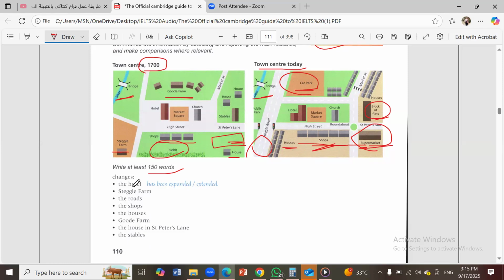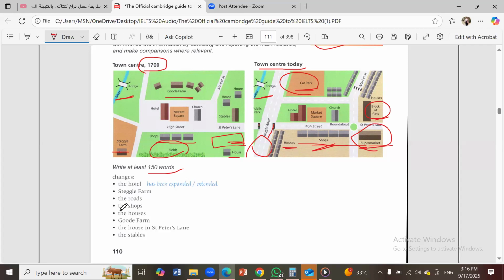So the changes here are in the hotel, the farm, as we said, and the roads. This road became wider. This road here became wider, while the end of Market Street is opened. Here it was closed.